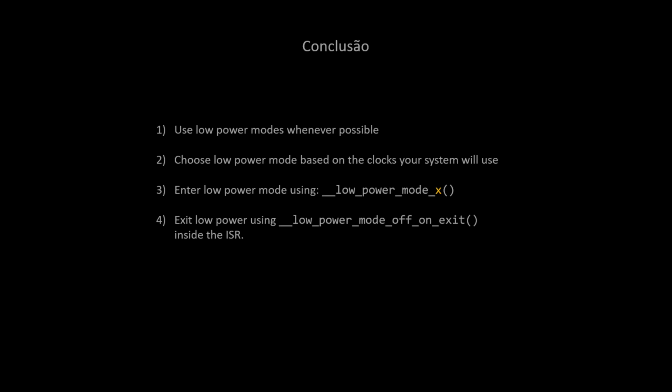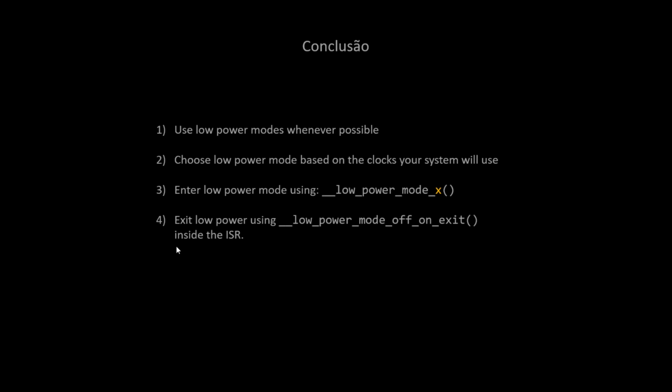So the idea of low power modes is to lower power consumption. To conclude this video, I would like to recommend that you use low power modes whenever possible, and choose a low power mode based on the clocks that your system will use. To enter a low power mode, you use the macro low power mode and the number of the low power mode that you want to use.